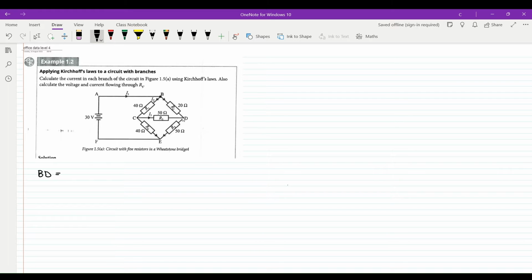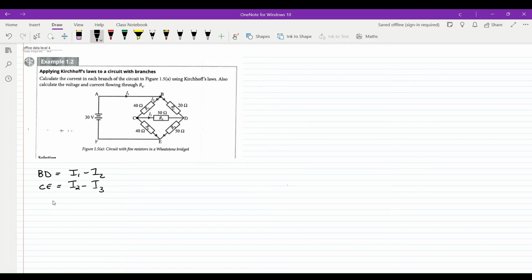I2 leaves and BD leaves, which means that the current in BD is going to be equal to I1 minus I2. Let us move to junction CE. If you look at junction CE, I2 is supplying towards that junction. I3 leaves and CE leaves. This means that the current that flows there will be I2 minus I3.